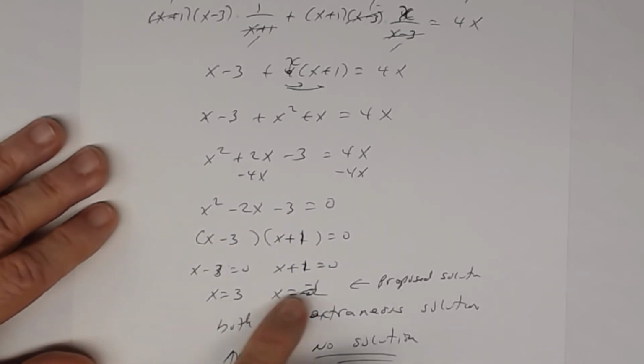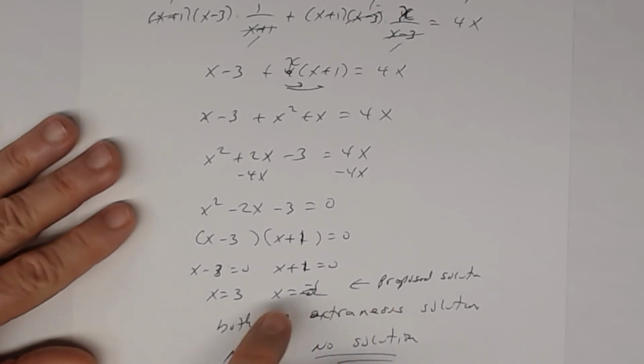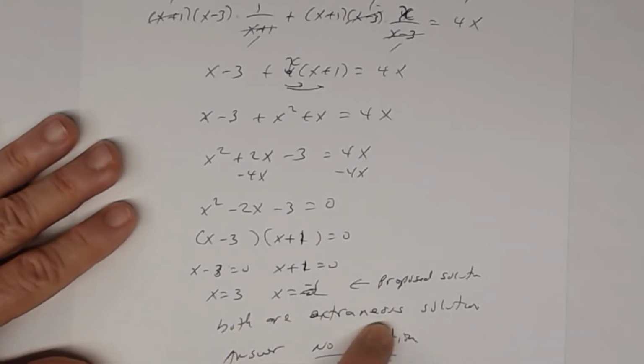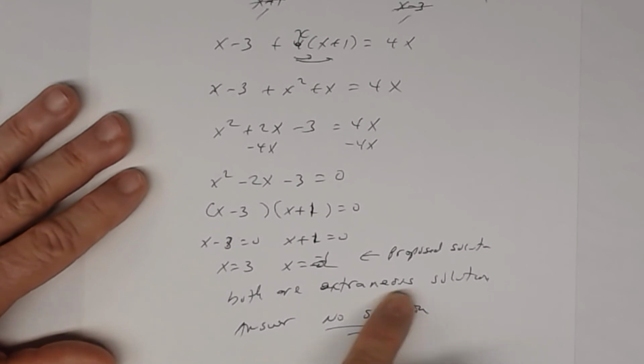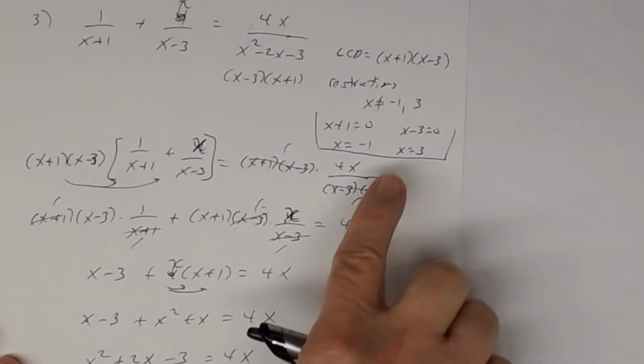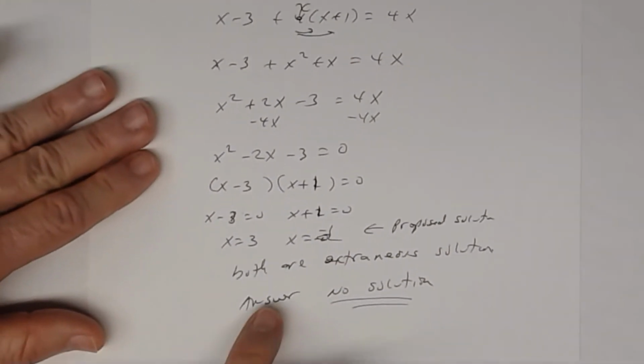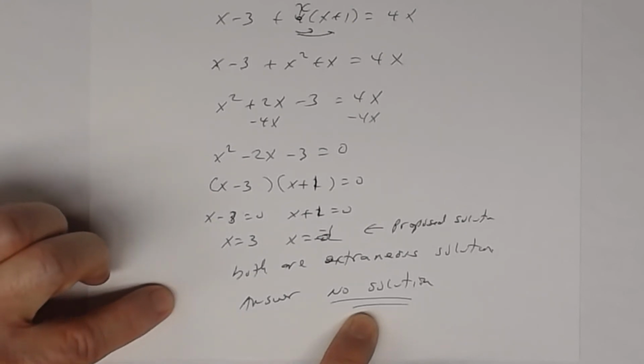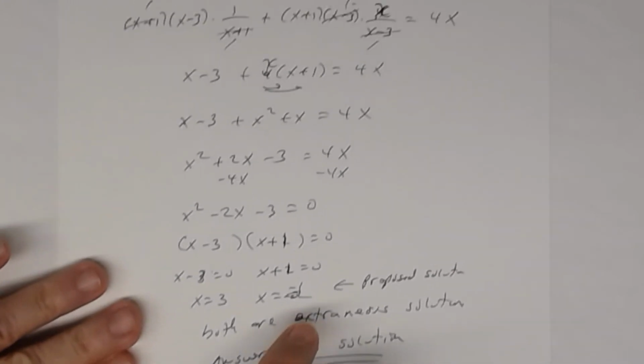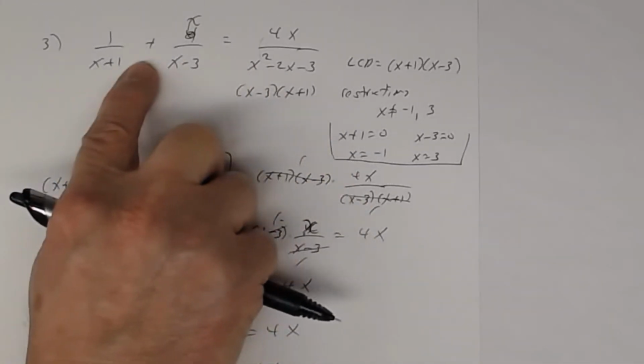And then set each one equal to 0, and those end up being your proposed solutions. Both end up being extraneous because both of those are restrictions. So therefore, you have to say the original equation has no solution, meaning this right here has no solution.